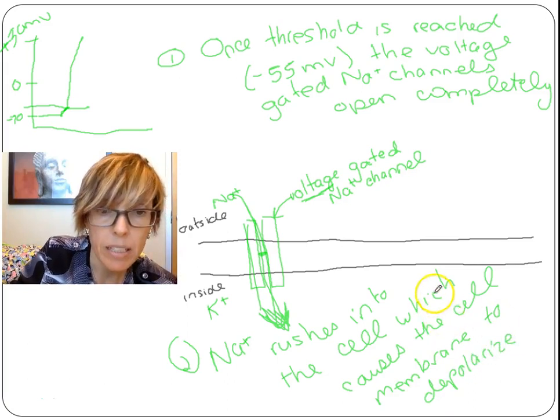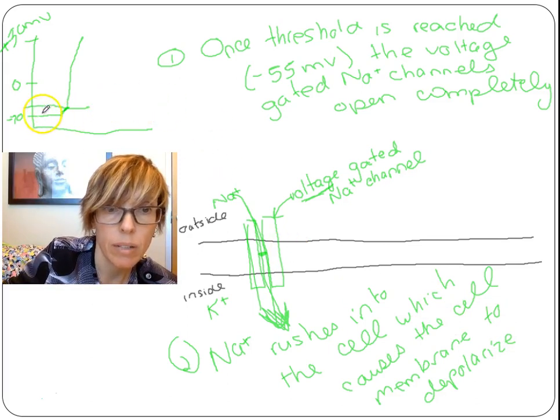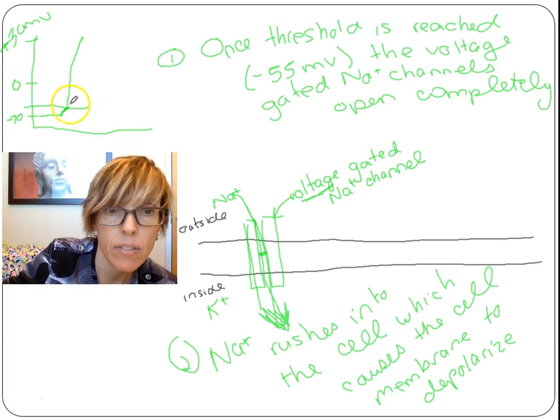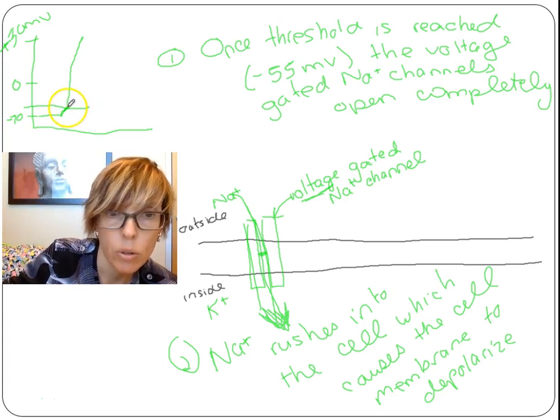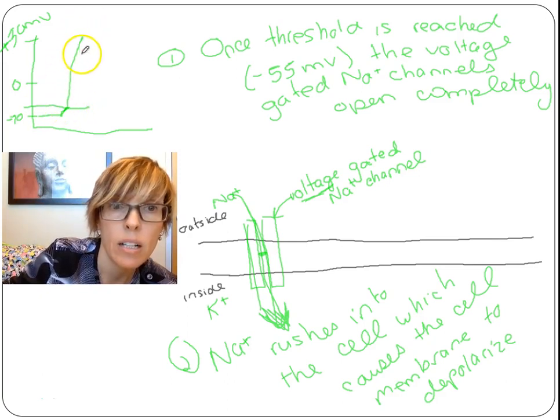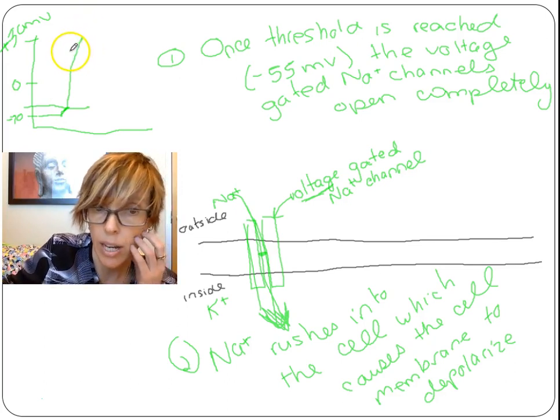And what we mean by that is it becomes more positive, right? So again, rest, rest, rest. Some sort of stimulus comes in. We hit that negative 55 millivolts. Sodium channels open up. All the sodium comes flooding into the cell. We go into the positive numbers, so we have a positive voltage now.